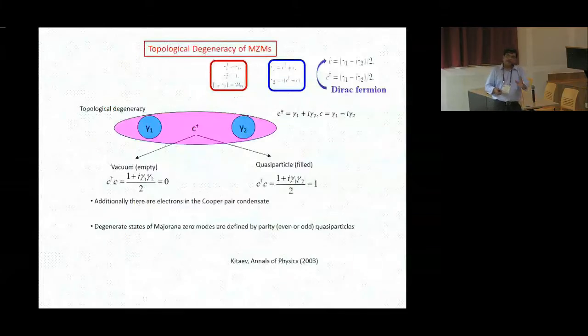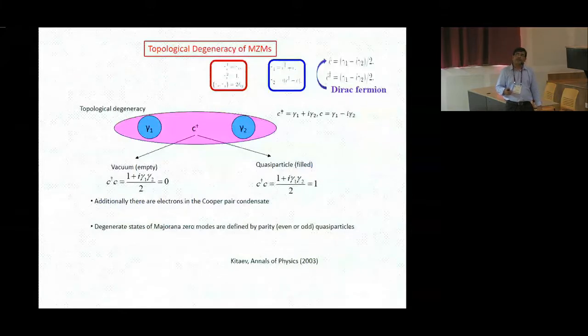Okay, so before I get into the new stuff, let me define a few quantities which will be helpful for us. One is the topological degeneracy of Majorana zero modes. This is the basic operating formula for a second quantized Majorana operator, and it's a Hermitian operator. So gamma dagger equals gamma, which is very different from the electronic second quantized operator where you have C and C dagger, which are not, of course, equal to each other.